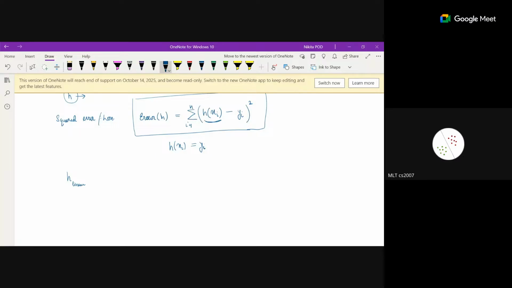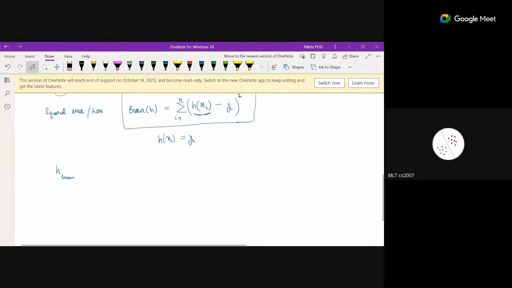So let's define this. In the lecture we have used capital H, so let's stick to that. The set of functions that we had, h mapping from R^d to R, now we are looking at a restricted space of functions, and we'll call it H linear.